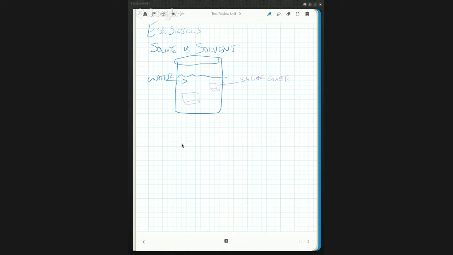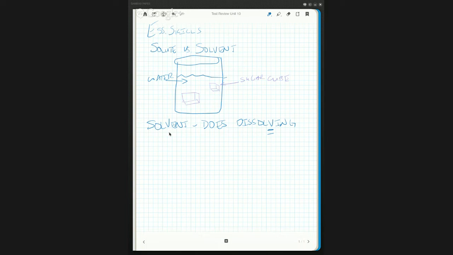So the question is, which one is the solute and which one is the solvent? And I like to approach this always from the solvent side of it. Solvent does dissolving. And just like the song, it does the dissolving.